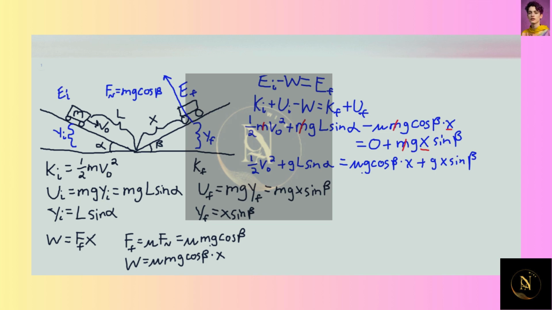So now I can factor out x from these two terms on the right-hand side of the equation.